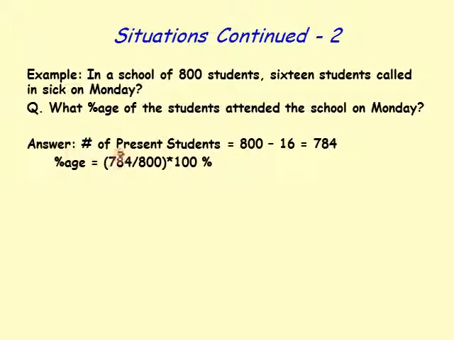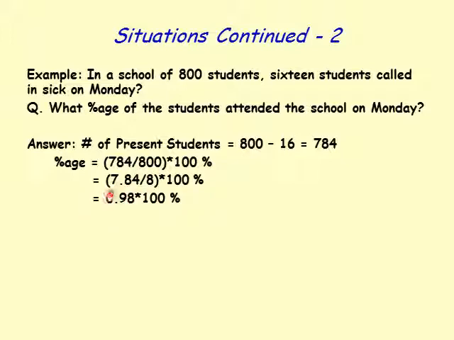The percentage is 784 divided by 800. That's the ratio. We multiply that by 100 and call it percent. That's 7.84 divided by 8, where we divide both the numerator and the denominator by 100. So that's 7.84 divided by 8 times 100. 7.84 divided by 8 is 0.98, times 100.